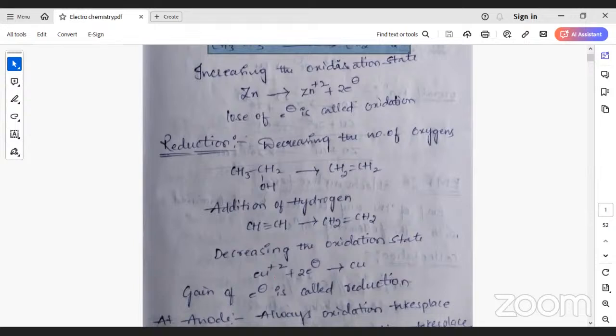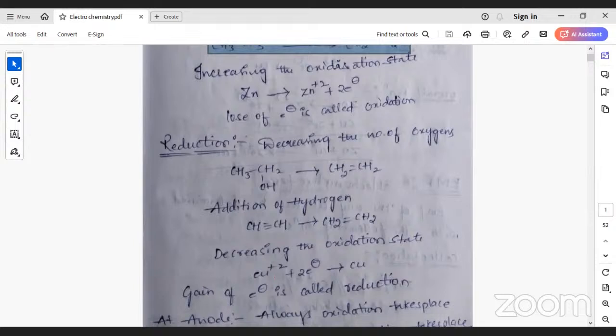EMF is equal to the reduction potential of the right hand cell minus the reduction potential of the left hand cell. The right hand cell is the cathode, so it is the standard reduction potential of the cathode minus the standard reduction potential of the anode.